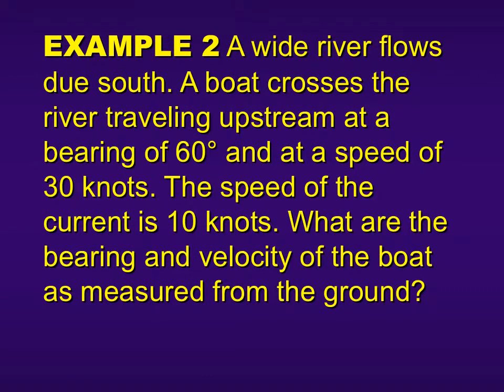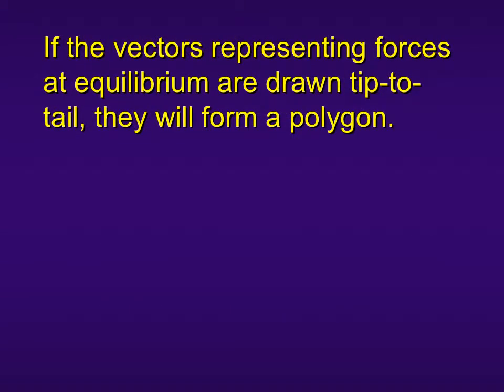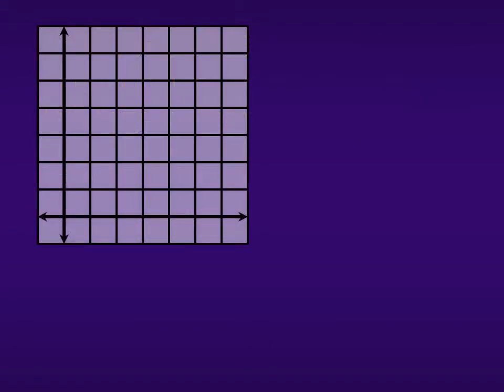Let's do another example. We have a river that's going south, and then a boat crosses that river upstream at a bearing of 60 degrees and at a speed of 30 knots. The speed of the current is 10 knots. We want to know what the bearing and velocity of the boat is as measured from the ground. If we have vectors that represent forces and we draw them back to back, they form a polygon.